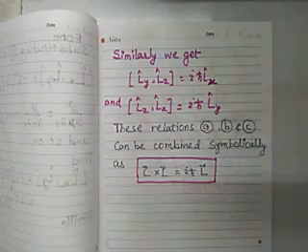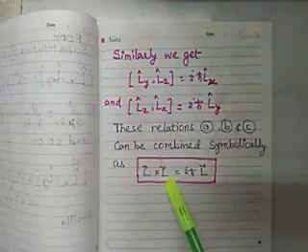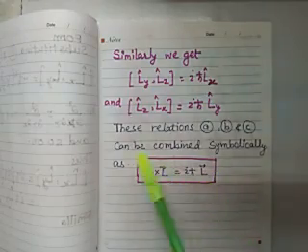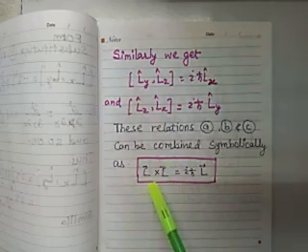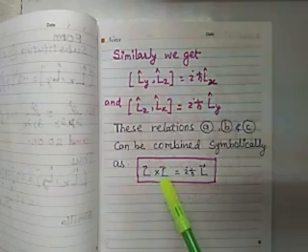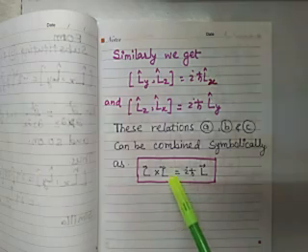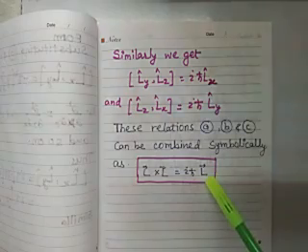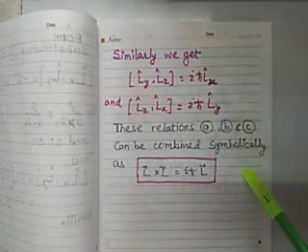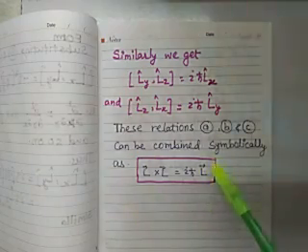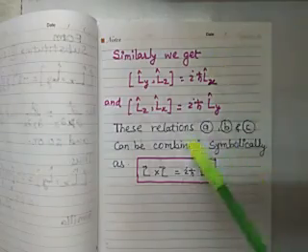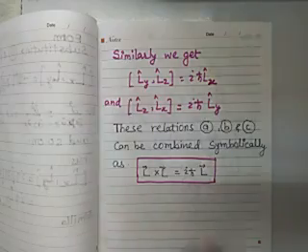Now, these relations can be combined in symbolic manner as L cross L is equal to iħ L. That means if we consider the ijk components of L cross L, this must be equal to the ijk component of L, and this equation produces the relations A, B and C as we saw earlier.